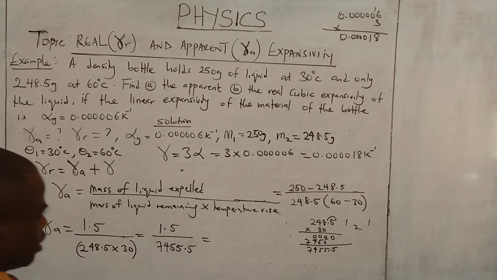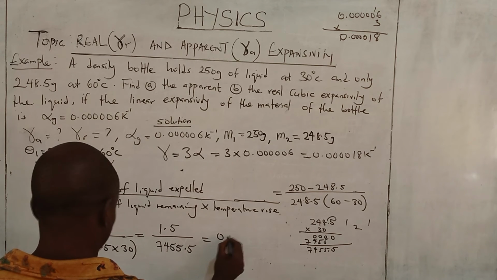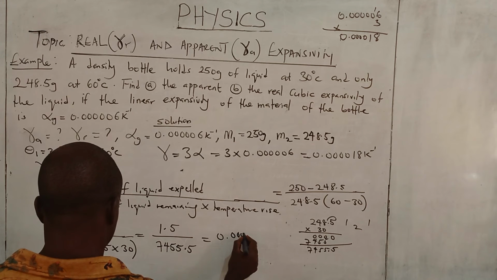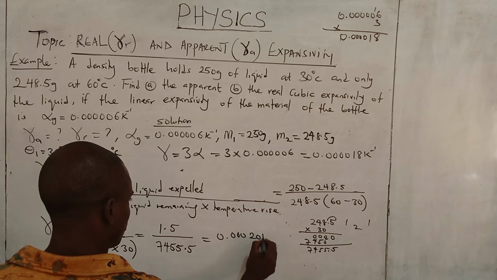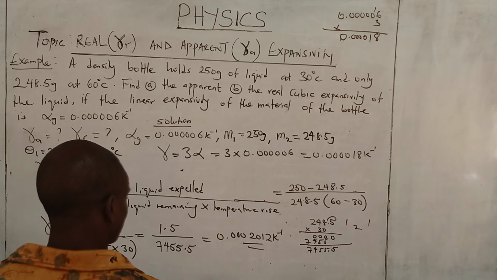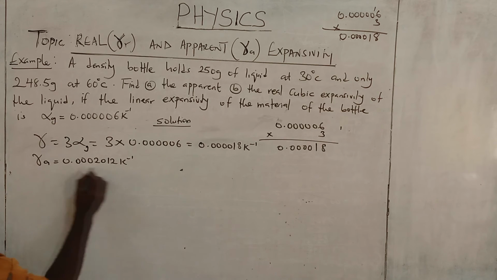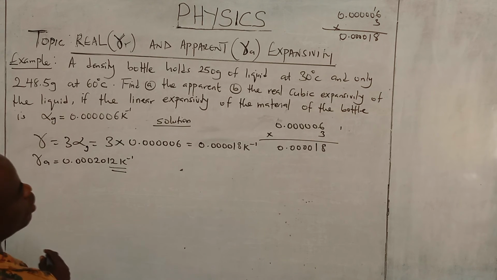When you divide that, you have 0.0002012 per Kelvin. This is the apparent cubic expansivity as we have calculated.